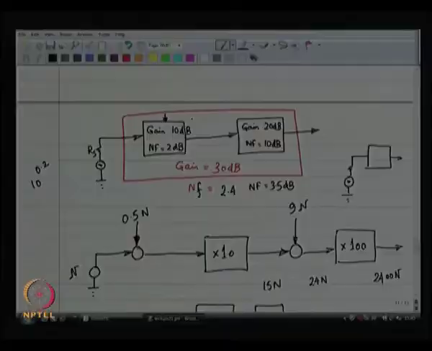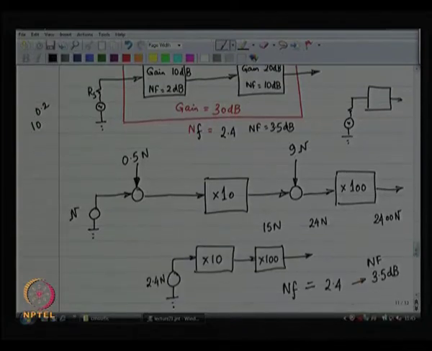To understand that, think of the gain of the first stage. Suppose I had a gain of 20 dB in the first stage. Suppose this was 20 dB instead of 10 dB. What would happen? This new number would become 100. I would get 150 N over here.